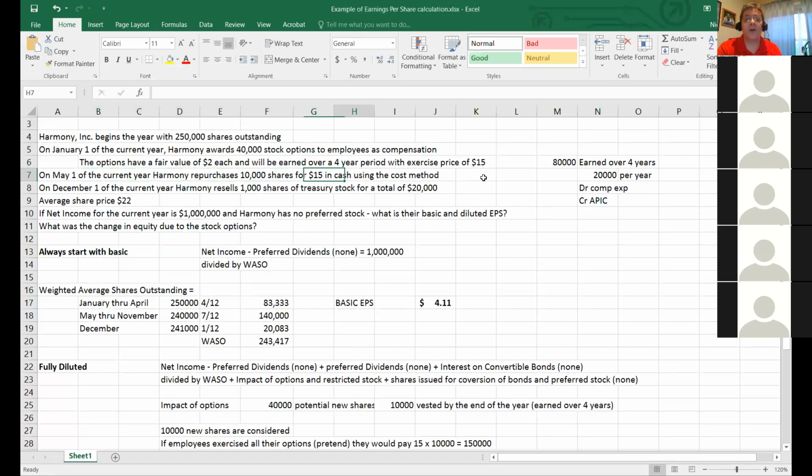So on May 1st, in the journal entry, pretty easy, debit treasury stock 150,000, and credit cash 150,000, right? And that's just 10,000 times $15. The exact cost, which is why it's called the cost method.